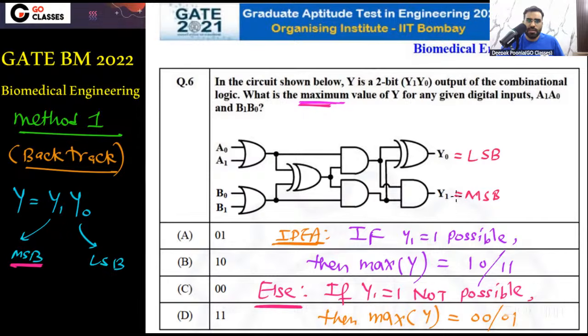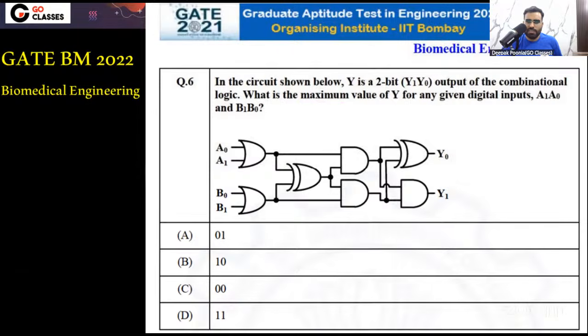So let's see, can you make Y1 equal to 1? That is the whole thing, because Y1 is MSB and the question is asking for maximum value. If I can make Y1 equal to 1, then definitely the answer will be either 1 1 or 1 0. If Y1 is always 0, meaning I cannot make Y1 equal to 1, then the answer will be 0 1 or 0 0. Understood?